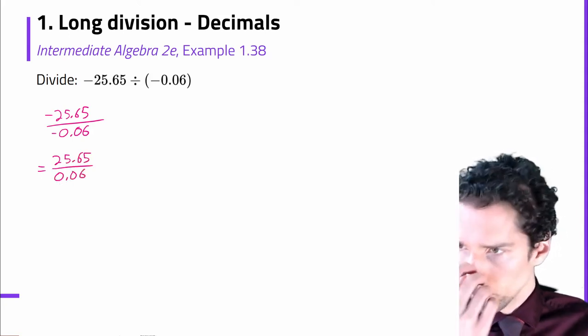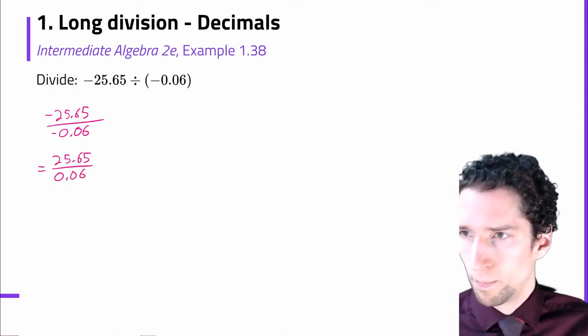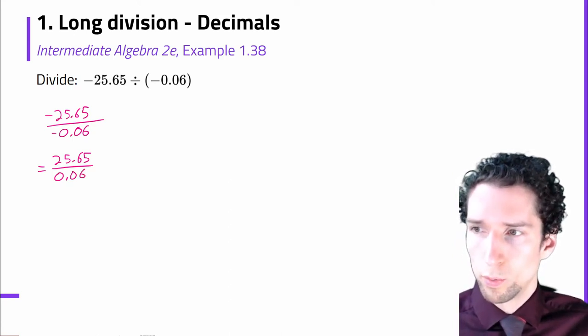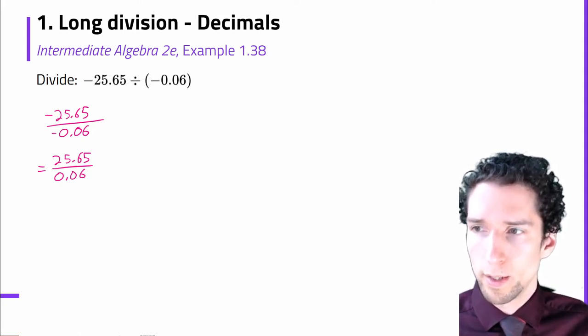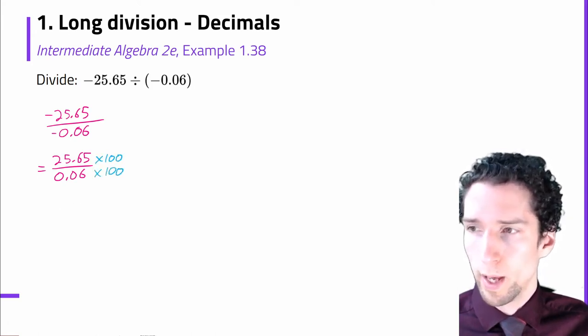All right, so we can multiply the top and the bottom by something and keep everything balanced, right? So let's just multiply the top and bottom by 100. That will get rid of the decimals that we have here. So that would be 2,565 and then 6 on the bottom.